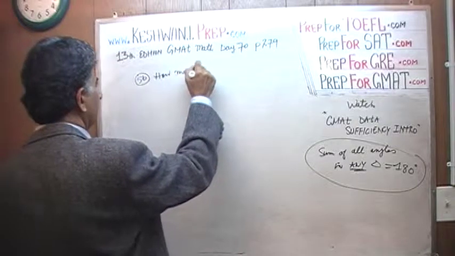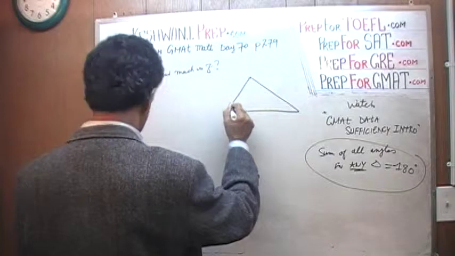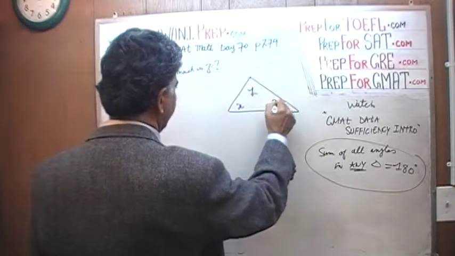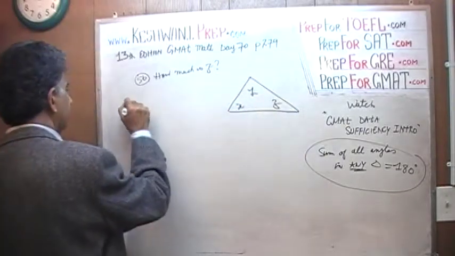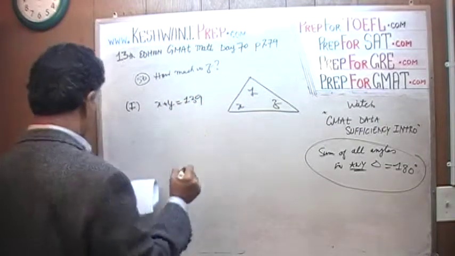Well, here is our triangle, X, Y, and Z. The first statement tells us that X plus Y is 139.